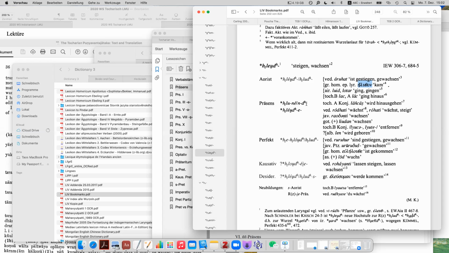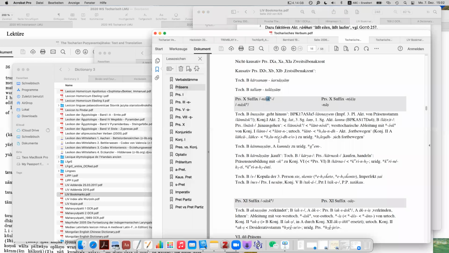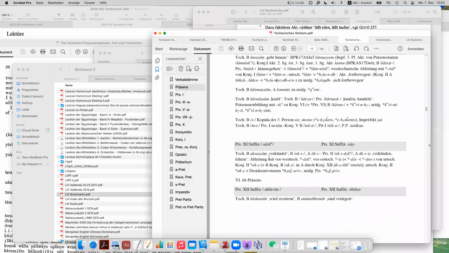Because it is root aorist, the present must be built with suffixes or infixes. Yeah, so we cannot have a root aorist and root present at the same time. So this is the reason why we need a nasal infix, or we need a S semantic form for the present. Yeah. Okay. Then the susk. Yeah.